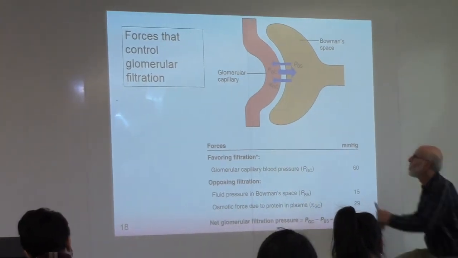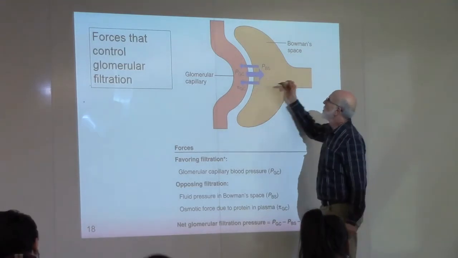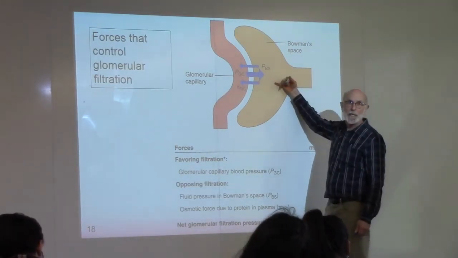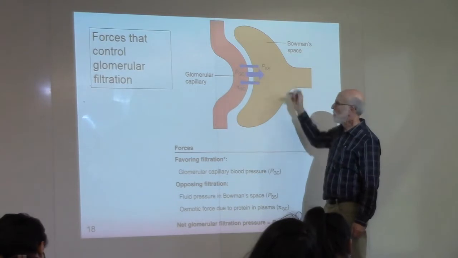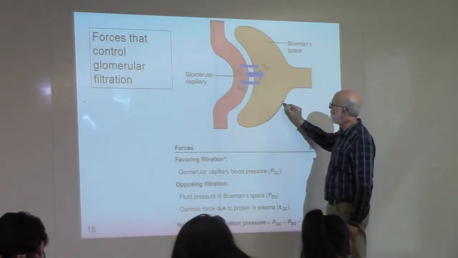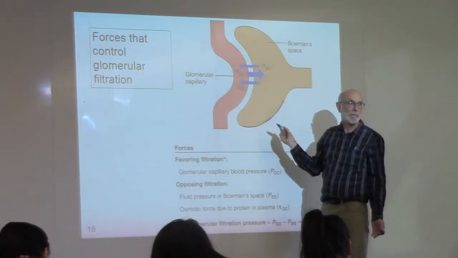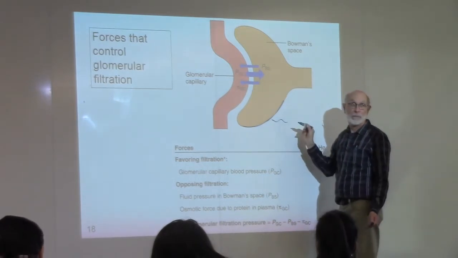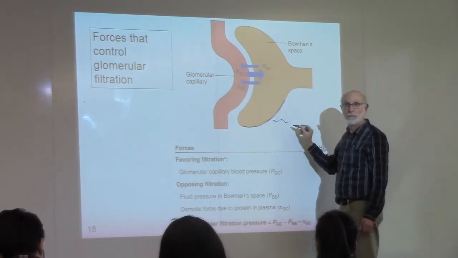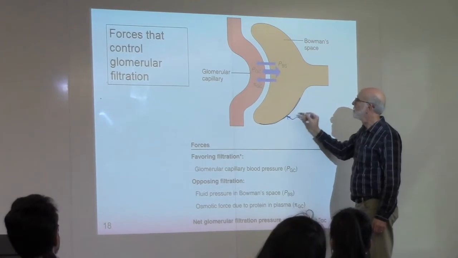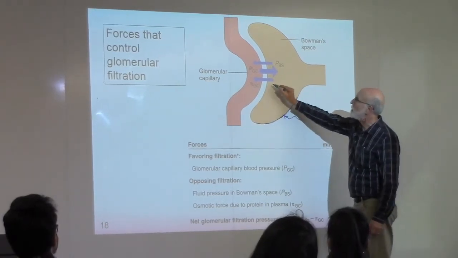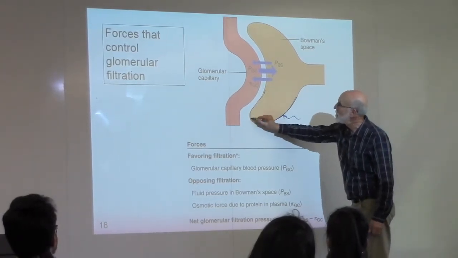So, this is a cartoon of Bowman space. What is this line representing? What is the thing that surrounds Bowman's space?